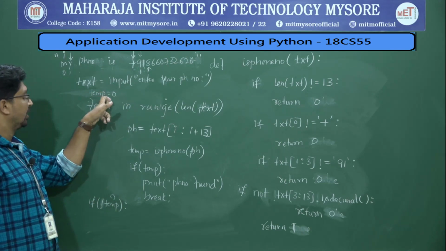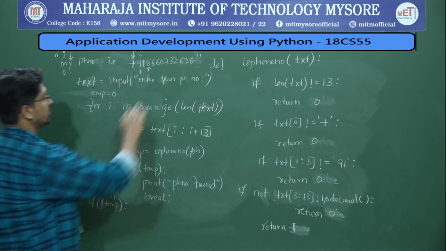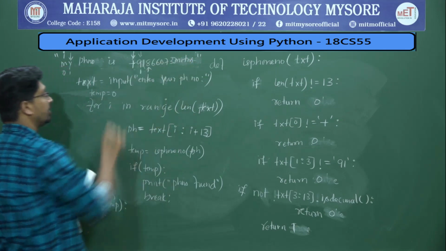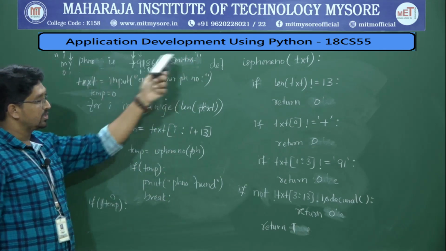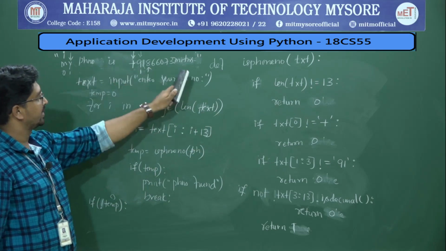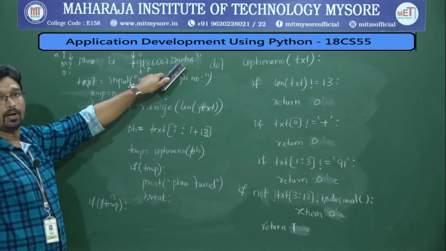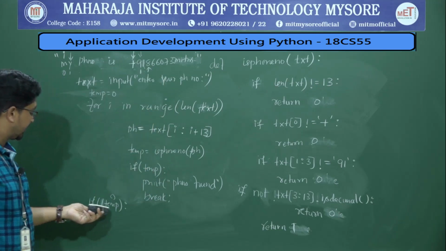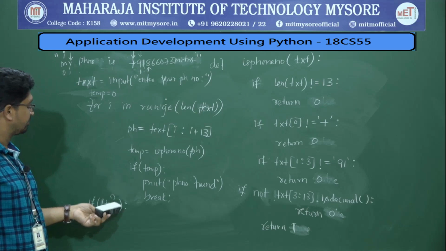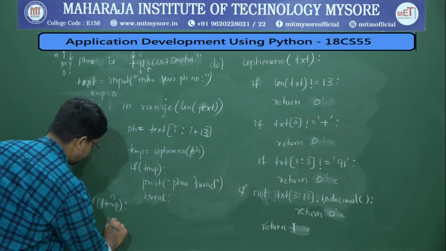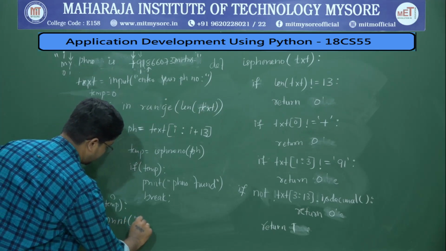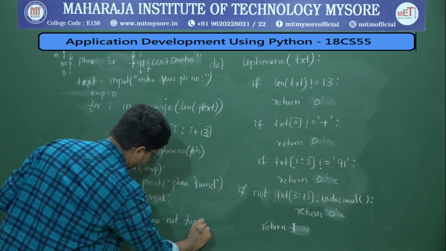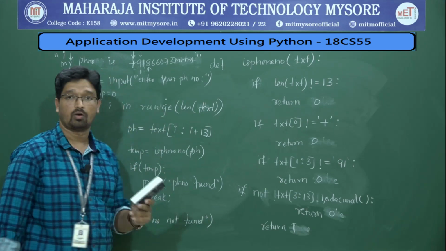If no phone number is found, assume that we have entered here MITM, along with a phone number you have some characters. Obviously there is no phone number at all. If you process all the characters, there is no phone number. Then temp is 0, and not of 0 is 1. So print phone number not found.